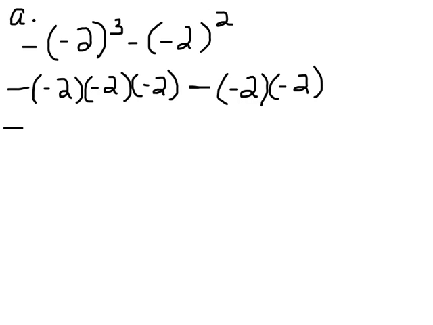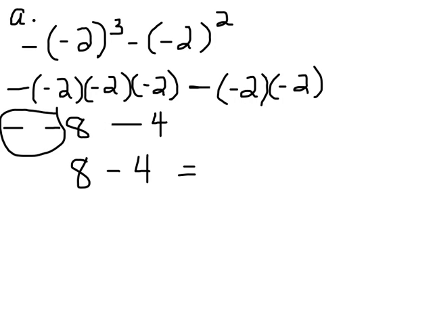Negative 2 times negative 2 is positive 4 times negative 2 is negative 8. So two negatives mean that I'm going to have positive 8. And then minus negative 2 times negative 2 is positive 4. So I have really 8 minus 4, which is 4.